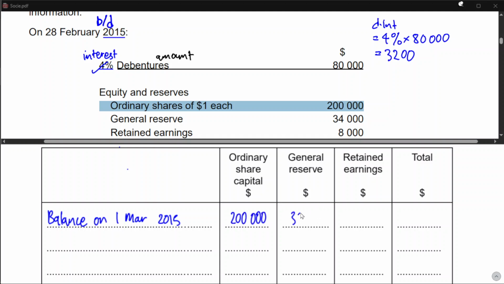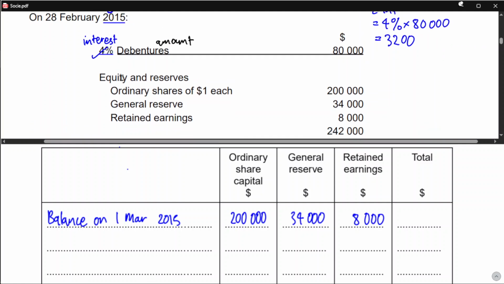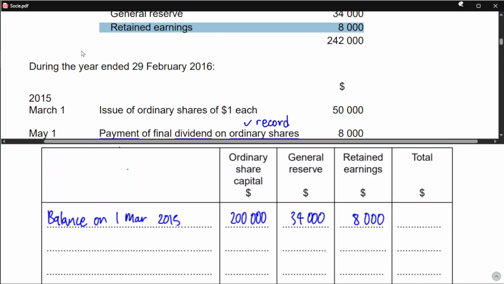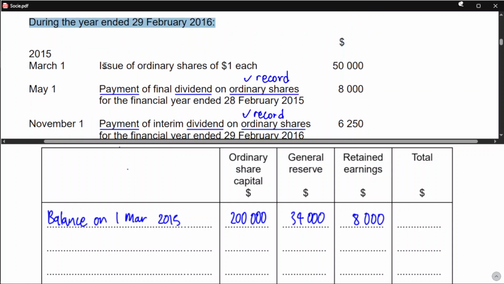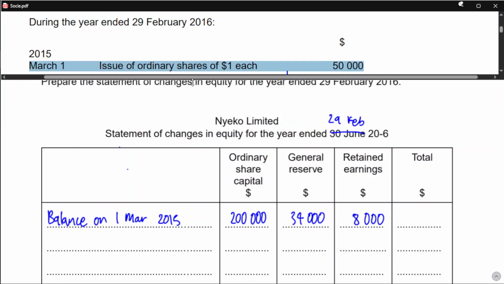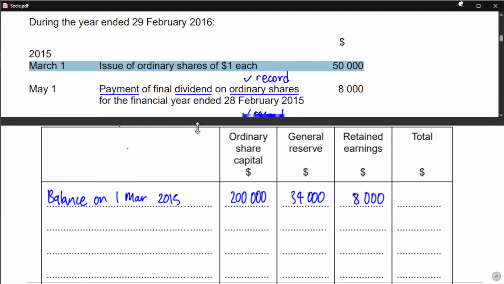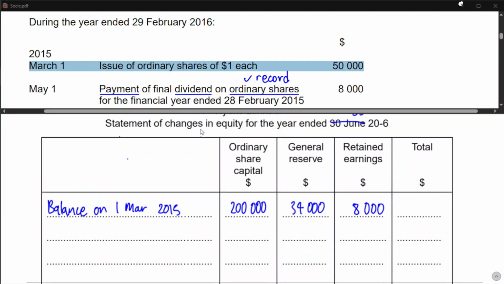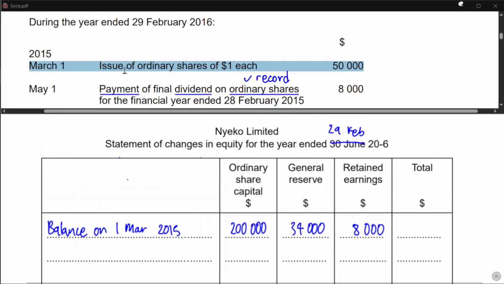After retained earning, we continue. What he wants us to do is shares issued. They say ordinary shares, right?